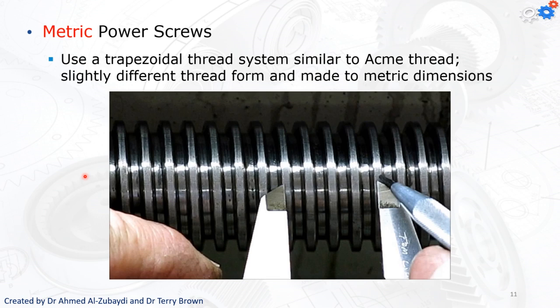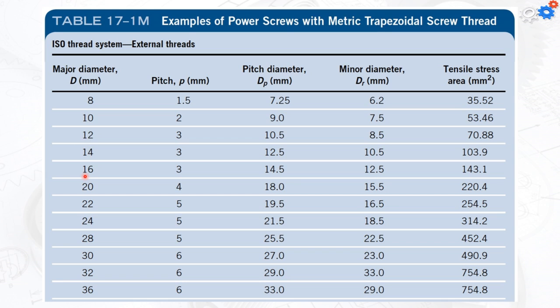But the concept is the same. The table we have is 17.1M, where M means metric, with examples of power screws with a metric trapezoidal screw thread. The major diameter can range between 8 and 125 millimeters, which is almost 5 inches.